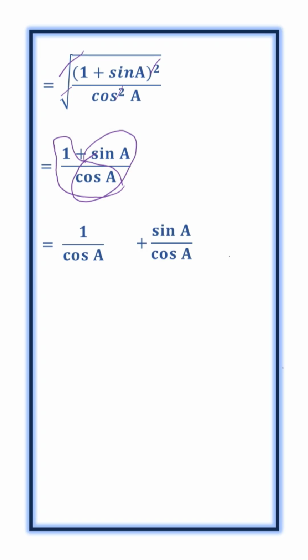It is secant A. Sin A upon cos A is equal to tan A, which is equal to RHS. Hence proved.